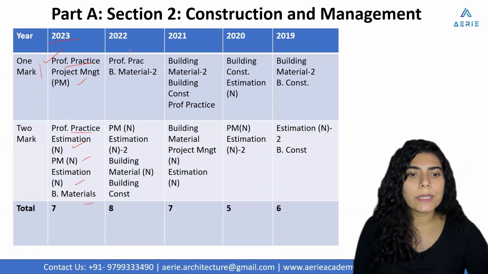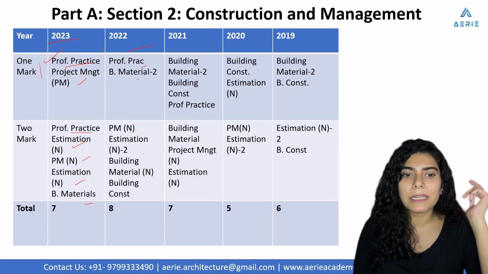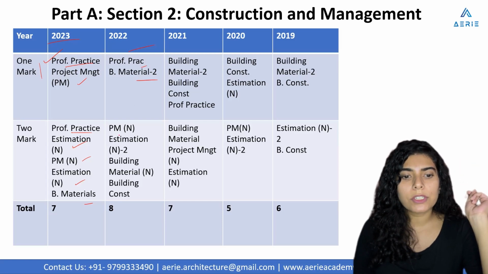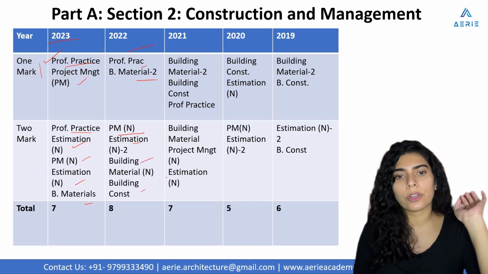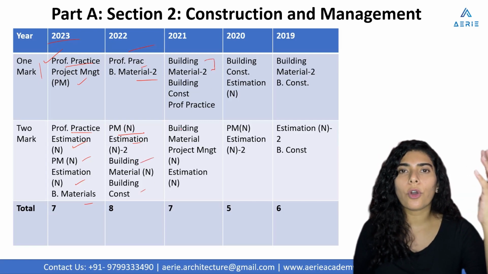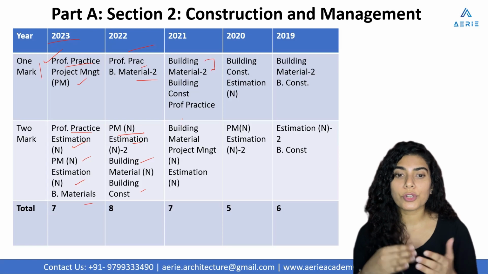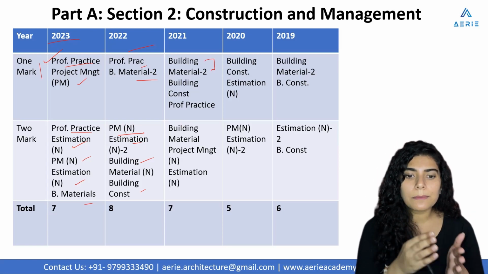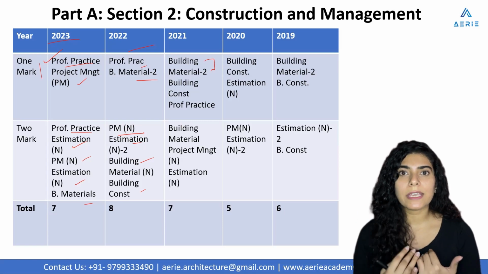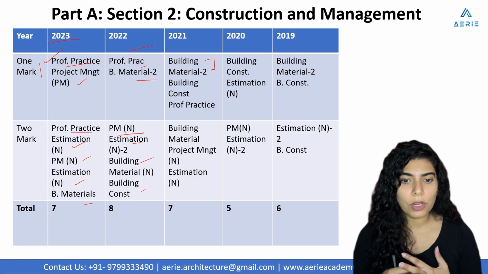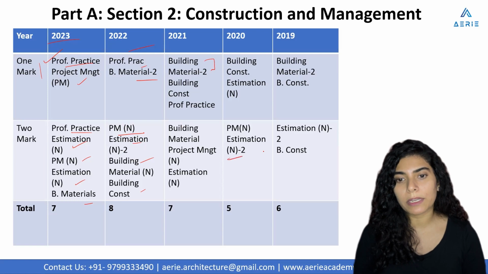In 2022, you have professional practice, 2 building material questions, project management numerical, 2 estimation numericals, building material, building construction. Then 2021: 2 building material questions, building construction, professional practice, again building material, project management, estimation. In 2020: building construction, numerical on estimation, numerical on project management, and again 2 estimation numericals.